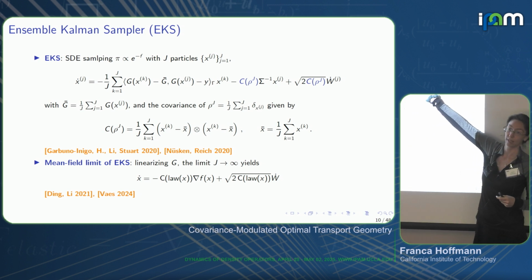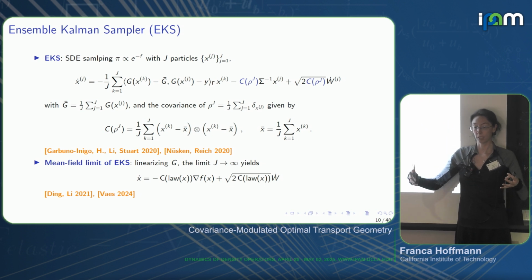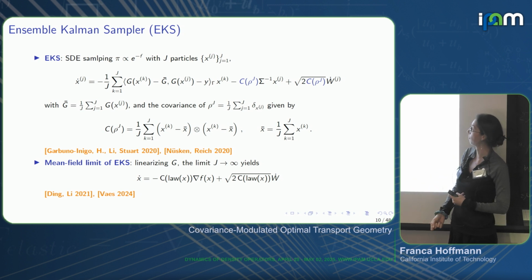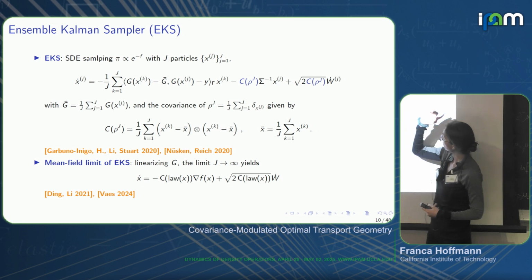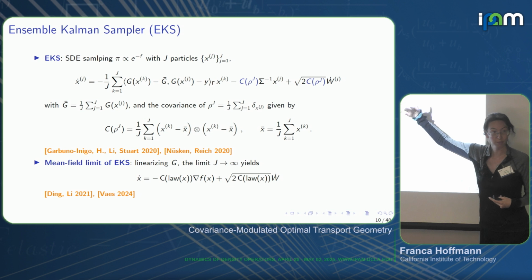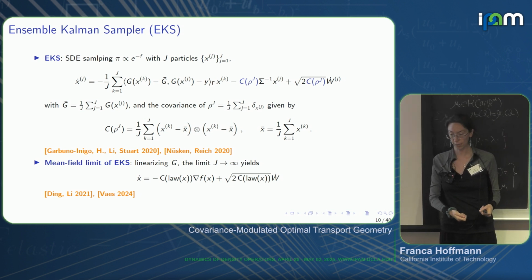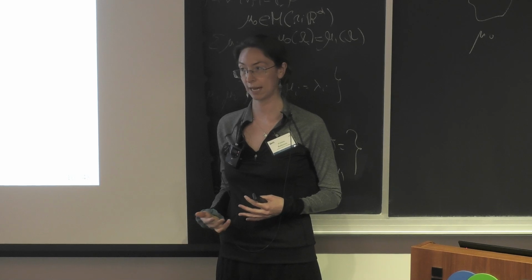And this is a term that adds noise so that you don't fully collapse, but you retain the shape of your target from which you're trying to sample. And so the important point is the covariance matrix here. The reason why we proposed the particle dynamics in this way is to still have a gradient flow structure in it, to then be able to do analysis.